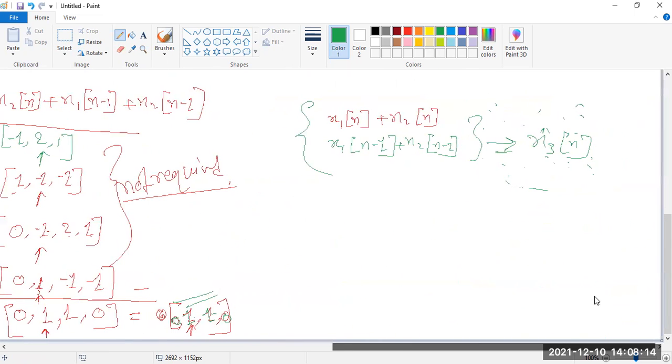So we can write this summation is x3, but we have to find out whether the value of y3 of n is the same.